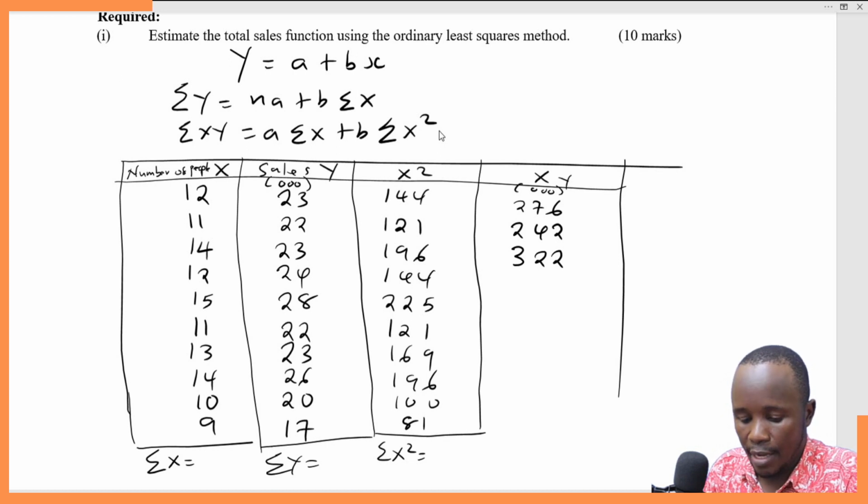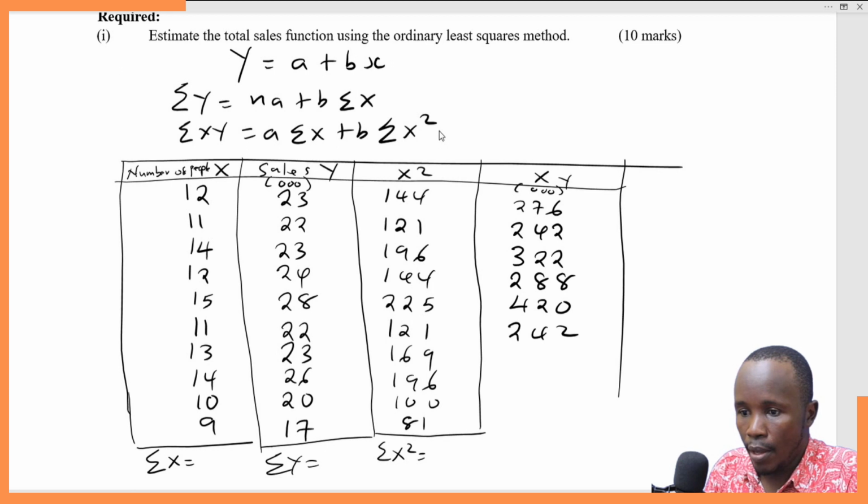12 times 24 is 288. 15 times 28 is 420. 11 times 22, 242.